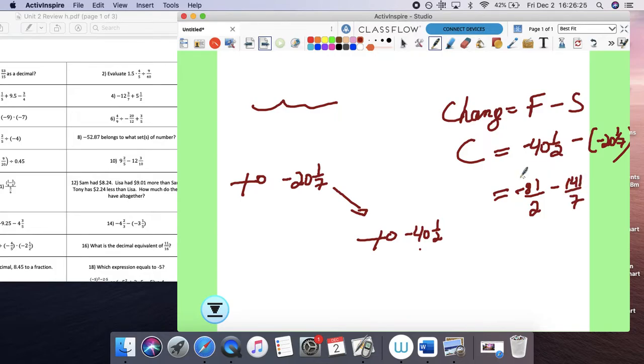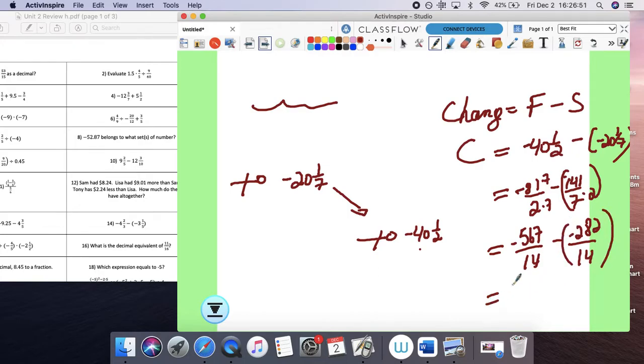So we've got to subtract those two. The LCM is 14. Minus 141 over 7 as well. So this is times 2, and this is times 7, right? So on top is times 7, and we get 987. Yuck. I'm sorry, I forgot it's negative. Times 2, so this is 282.